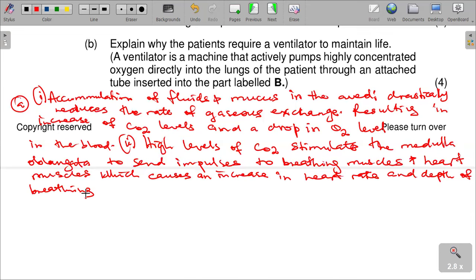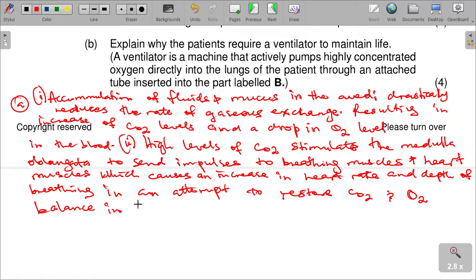And then what is happening, or what is causing that, is that it's an attempt to restore carbon dioxide and oxygen balance in the blood. That is one thing that you should take note of.